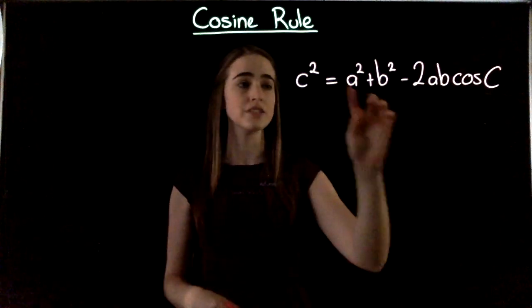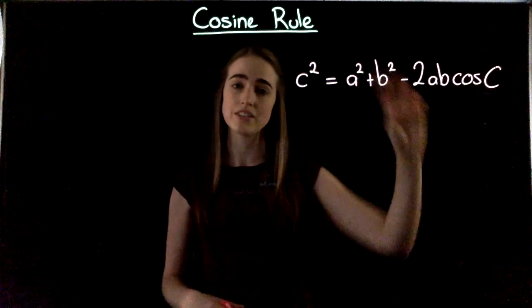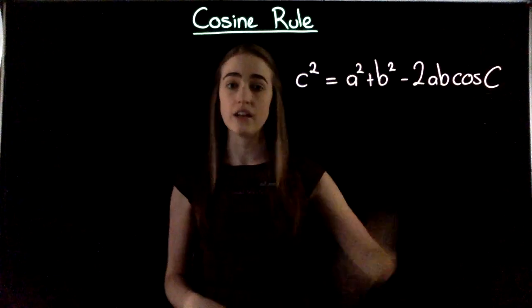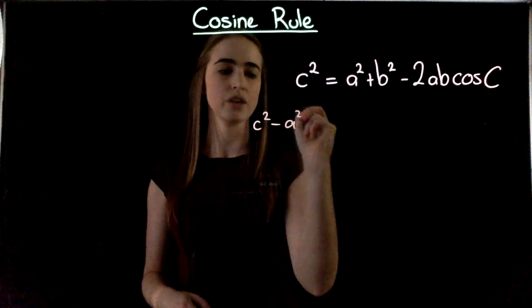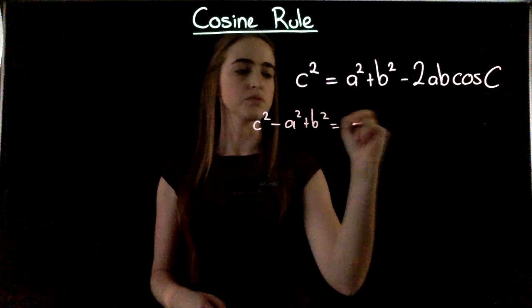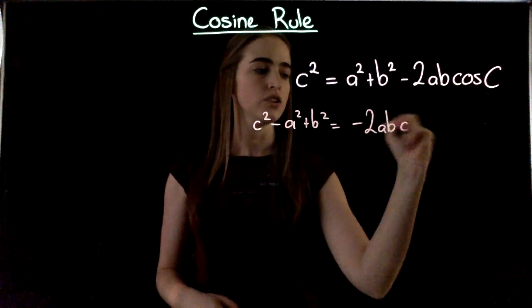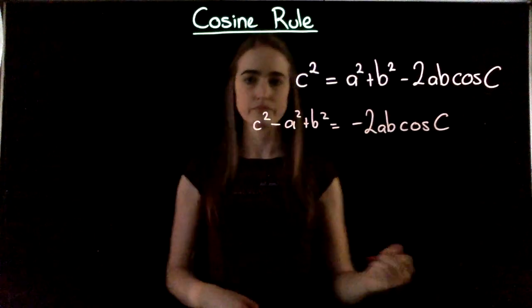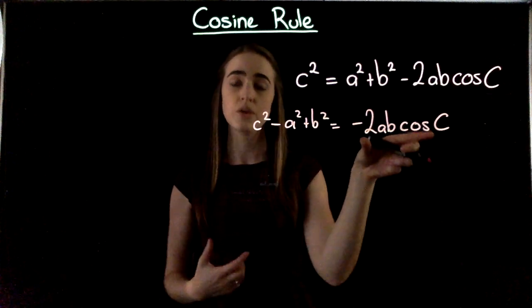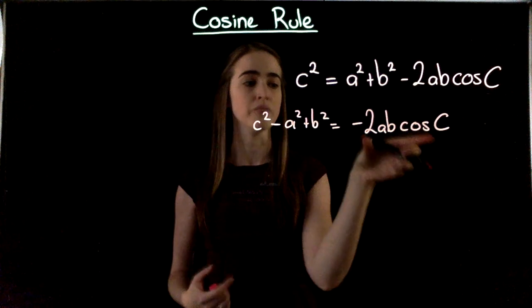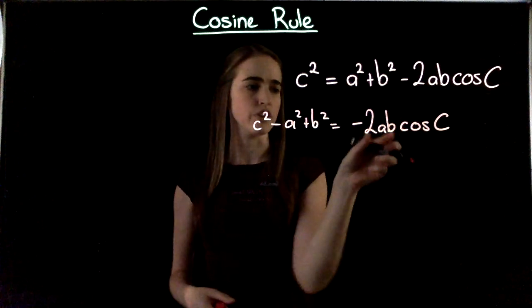The first thing we're going to do is get rid of these a squared plus b squared. We're going to subtract those from both sides of that equation. So we're going to end up with c squared minus (a squared plus b squared) equals minus 2ab cos C. Now we're going to get rid of this whole coefficient, so we're going to divide both sides of that equation by that minus 2ab. Just this coefficient.